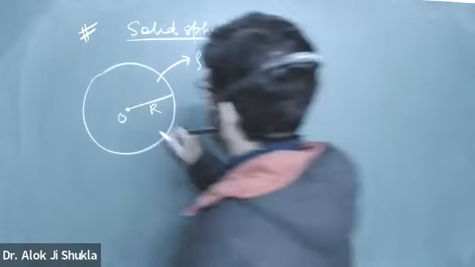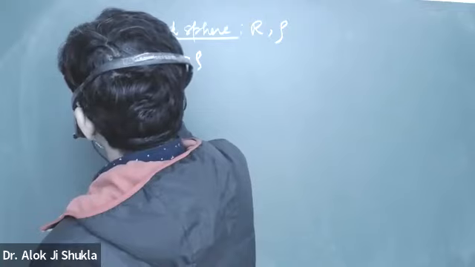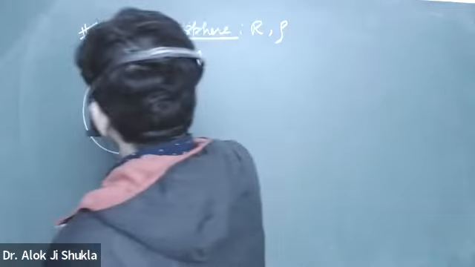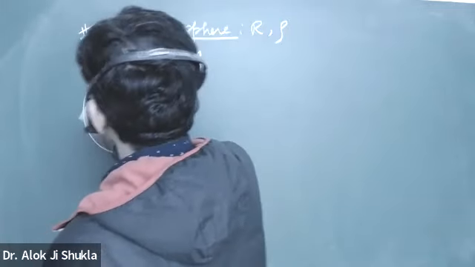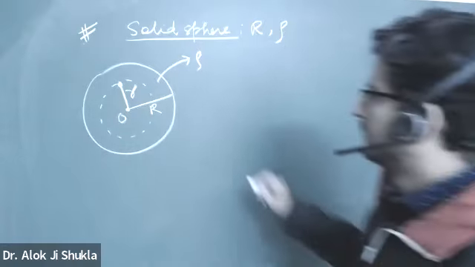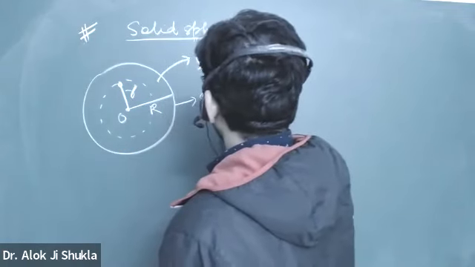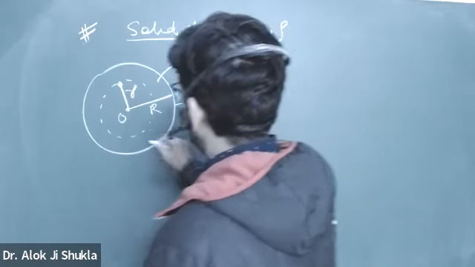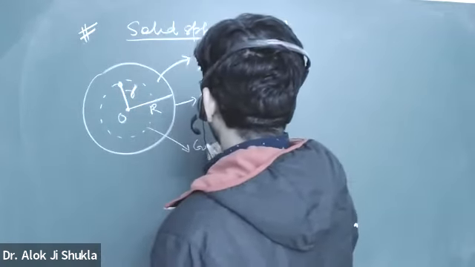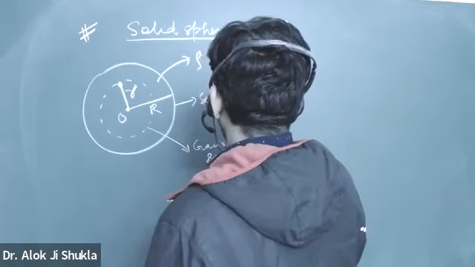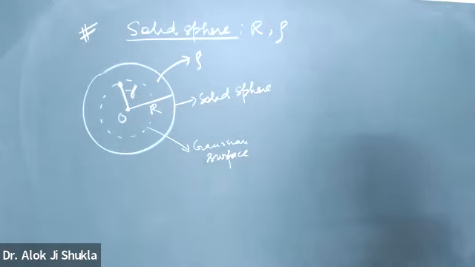So let us take a small distance R and we want to calculate the electric field at this point. So let us draw a closed surface. This will be a Gaussian surface. This is a solid sphere and this is the Gaussian surface.